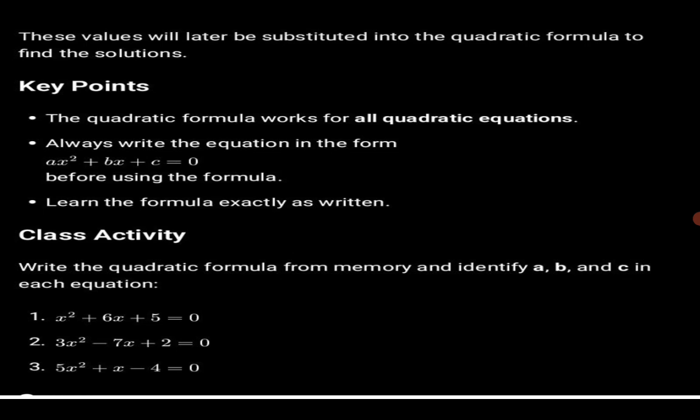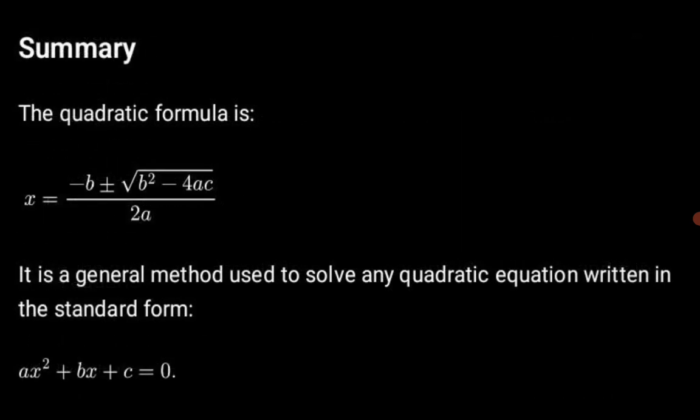All right. So in summary, from the first objective, we have learned that the quadratic formula is x equals minus b plus or minus square root of b squared minus 4ac, all divided by 2a. This you must keep to your memory.